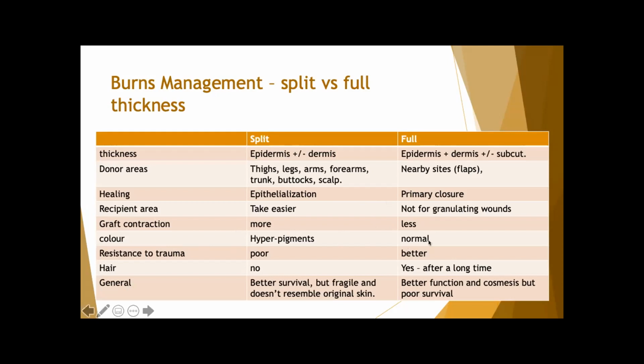And full thickness has better cosmesis with normal color, where split becomes hyperpigmented over time. In terms of resistance to trauma, they're both not brilliant, but split has poorer resistance, where full thickness is better. And in terms of hair, full thickness will eventually grow hair and have the function it originally had, but split thickness won't grow hair.